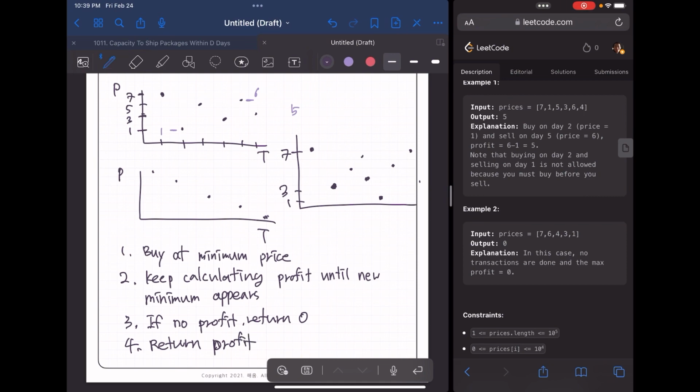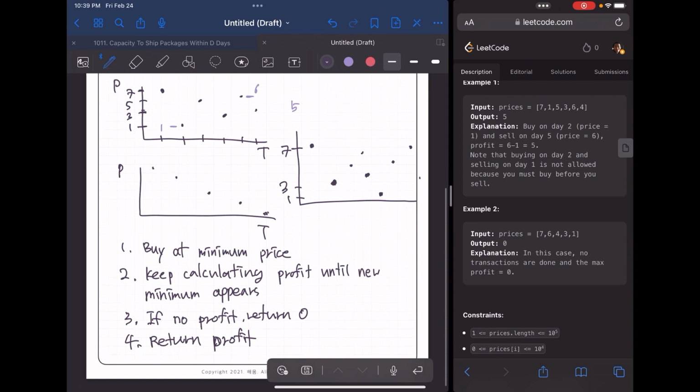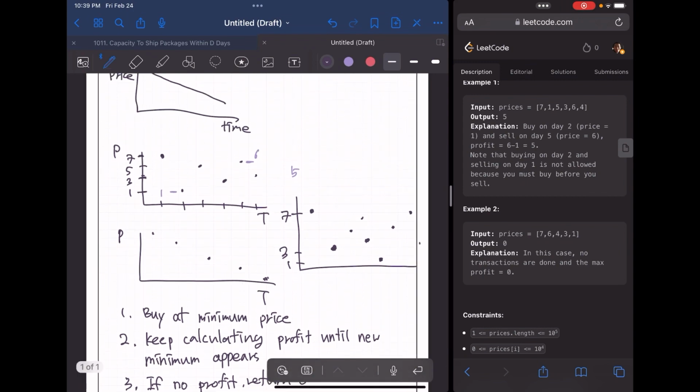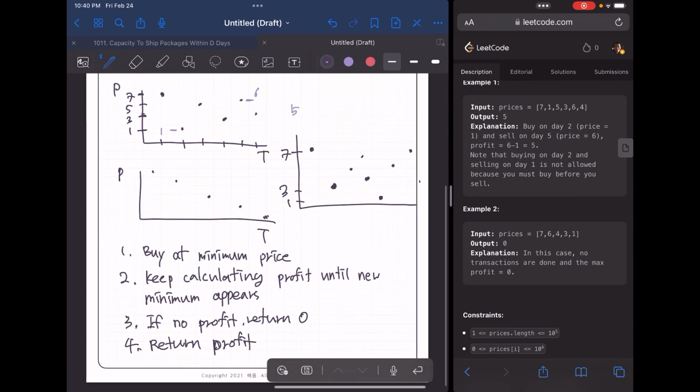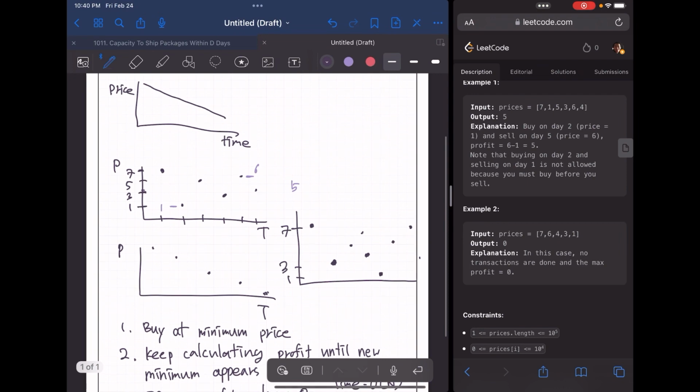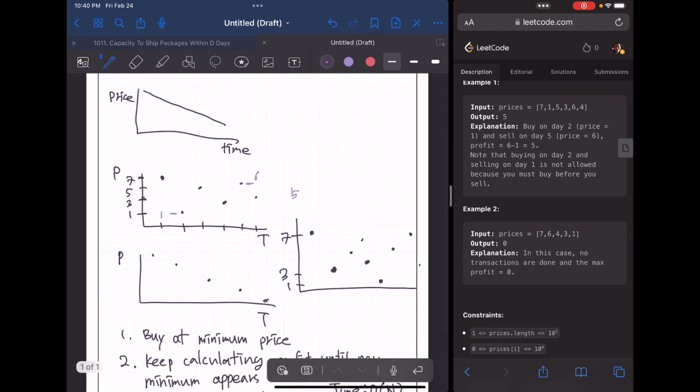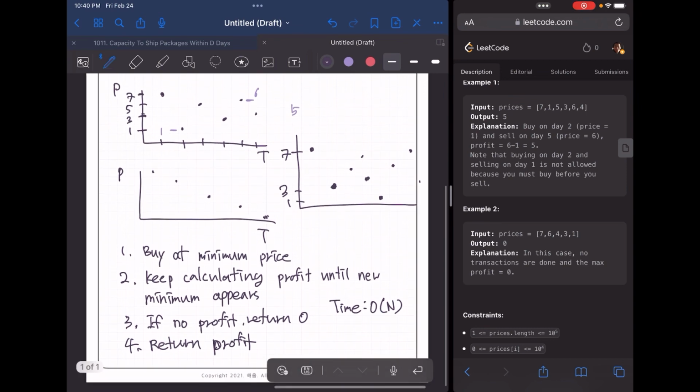The time complexity will be O(n), because we're gonna visit every single point. The space complexity: are we utilizing any extra space? No, we are only utilizing the pointers. So space complexity will be O(1).